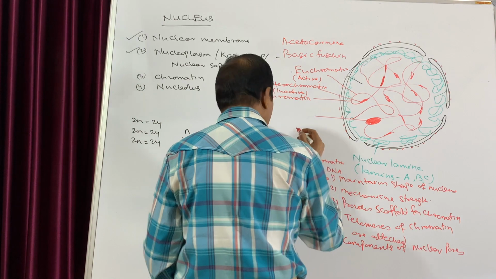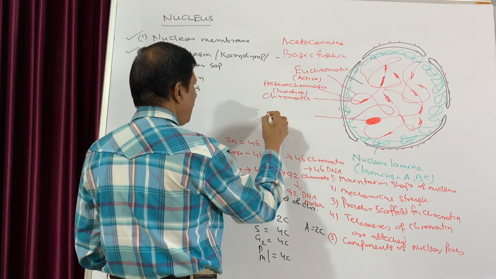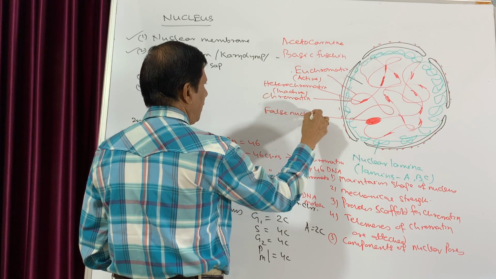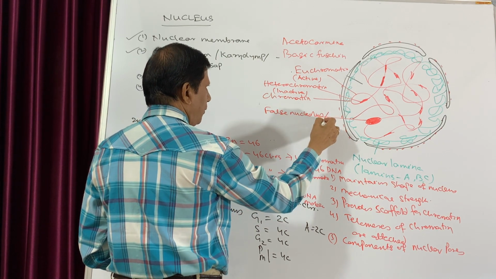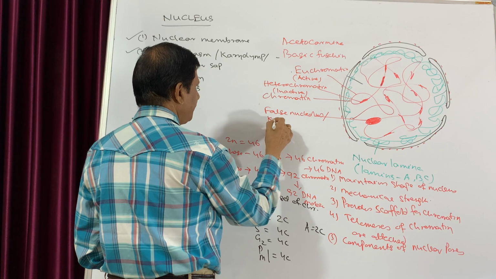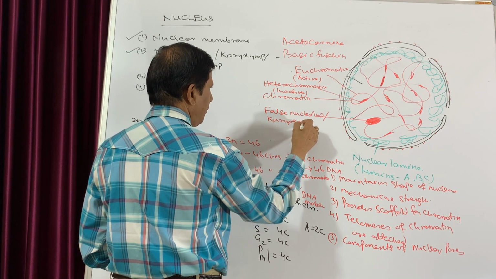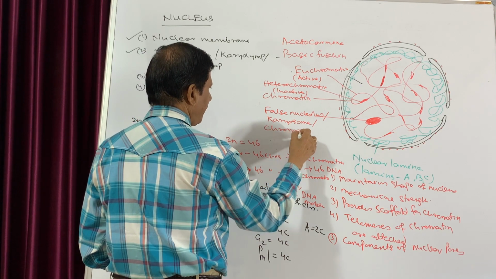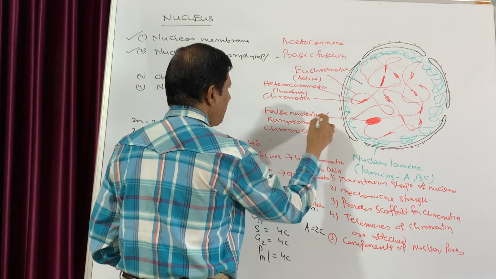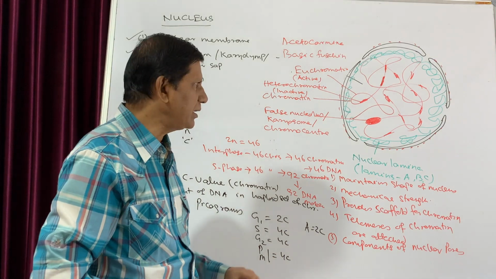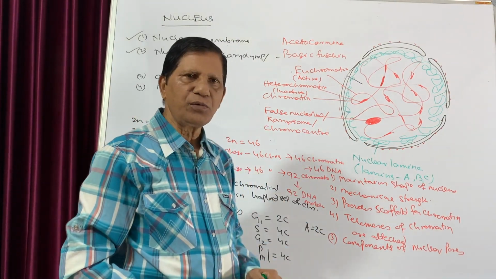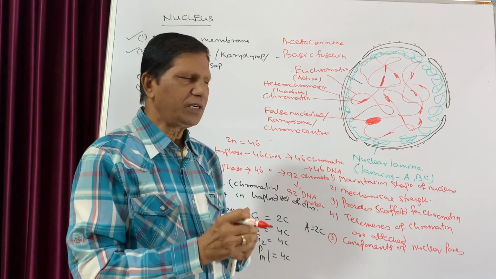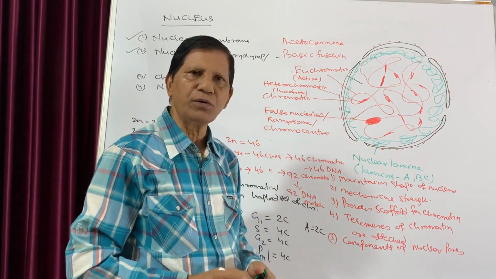When there is more staining, this is known as a false nucleolus, or we can call it karyosome, or chromocenter. That means the false nucleolus or karyosome is actually not a nucleolus, but there is more coiling of the DNA, so it gives the appearance of a nucleolus.